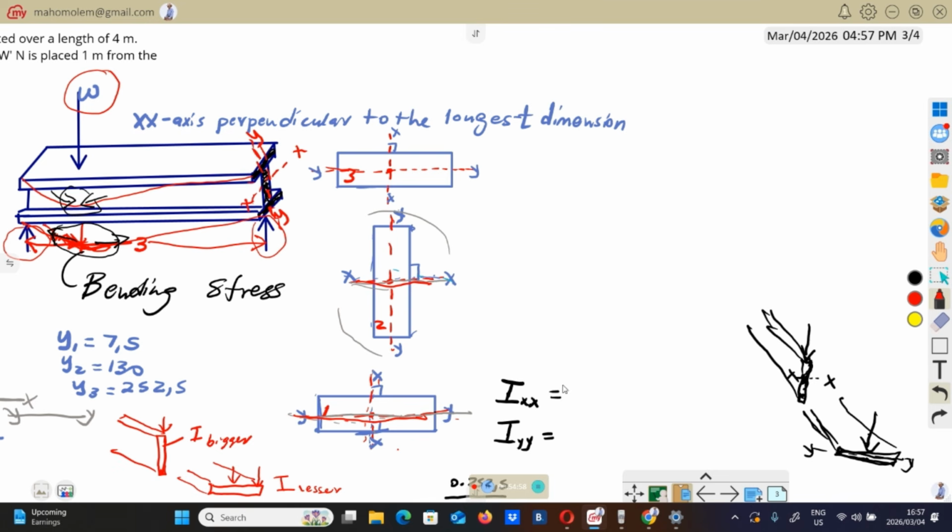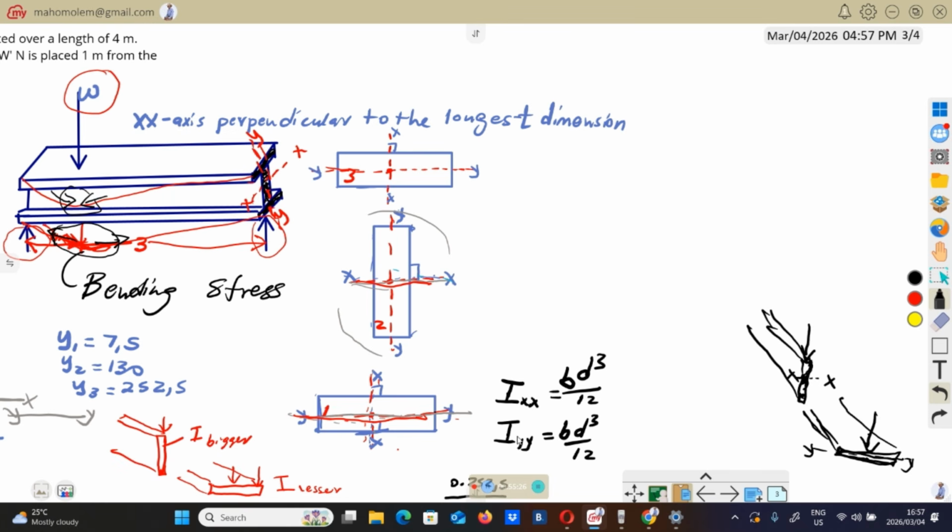Okay, if we have a rectangular profile, the formula for calculating I will be b d cubed over 12. Remember, this one will calculate the resistance when the ruler is like this, or when this profile is positioned like this.